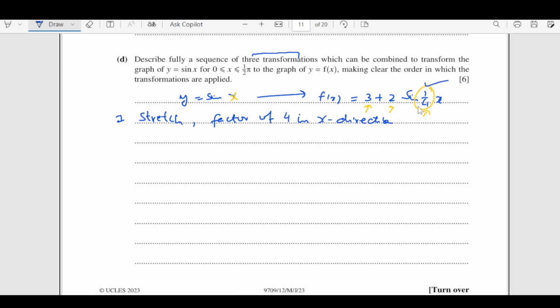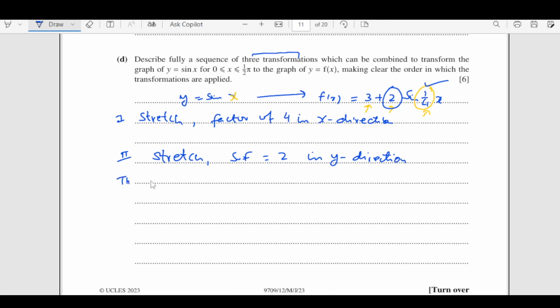Now second, we have a stretch again, but now you see this 2 here. This is the value of y. This was sin x, now this is 2 times sin x. So we write down a stretch with a stretch factor of 2 in the y direction, right?